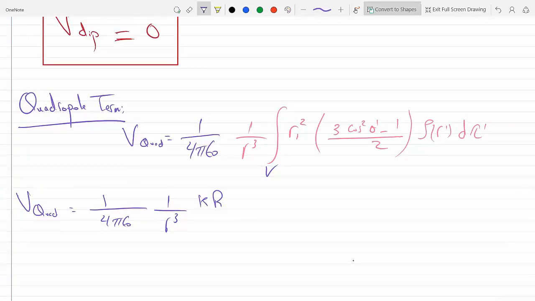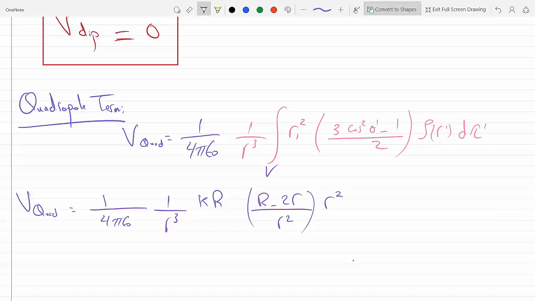Then we have r minus 2r over r squared, and we have an r squared here. So I'm plugging in for rho now.